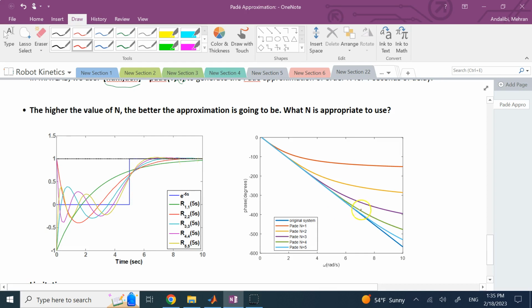Or if you look at the frequency response, this is more revealing. If you look at the frequency response, this plot that I generated, you can see that with higher orders, the range of the frequency over which the approximation is overlapping with the original system is getting bigger and bigger. So in this case, in this system here, this dark blue curve is the original system.